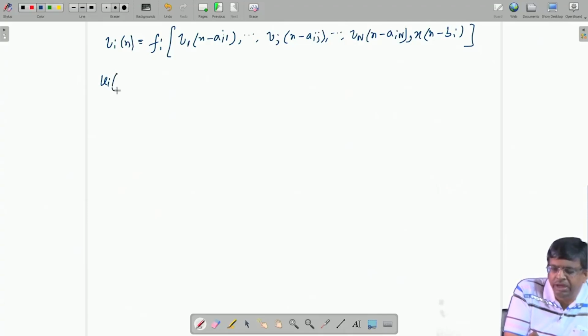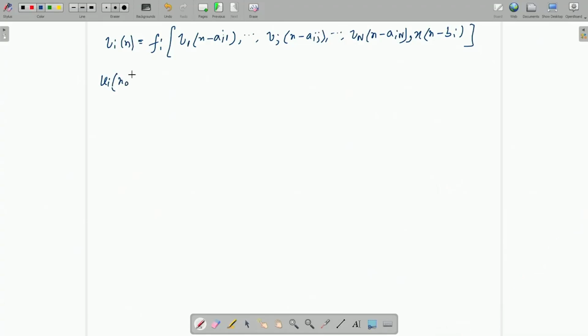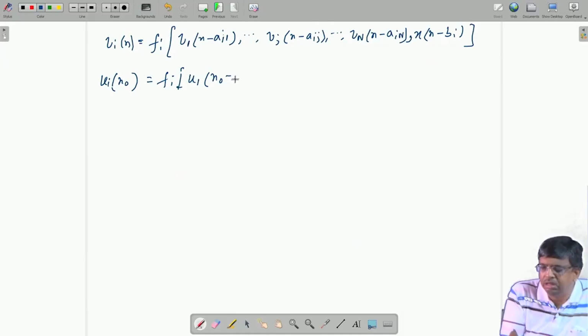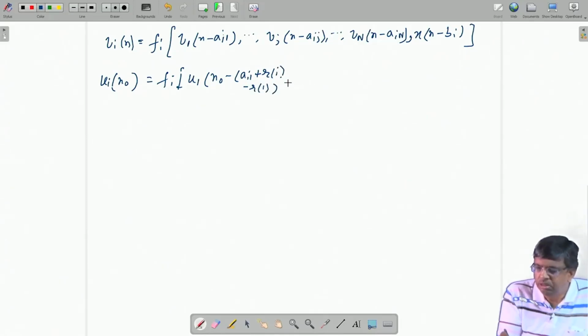Suppose I take n to be n naught, it will be Fi, instead of V1 it will be, as I told you, U1, n replaced by n naught, because a particular n I am taking, minus the delay. Delay now is not Ai1, it will be Ai1 plus r(i) minus r(1), dot dot dot.